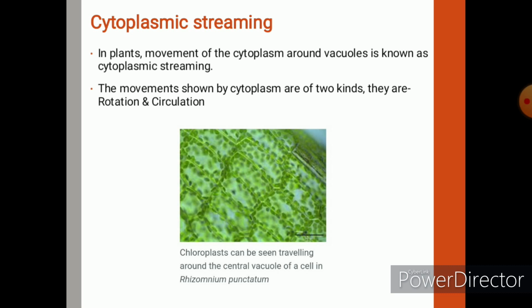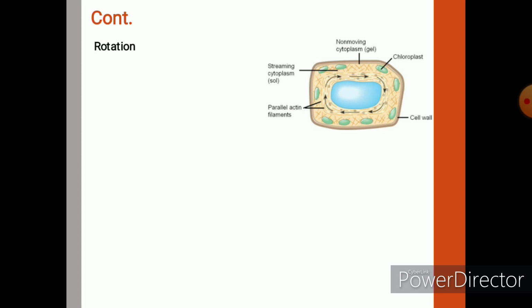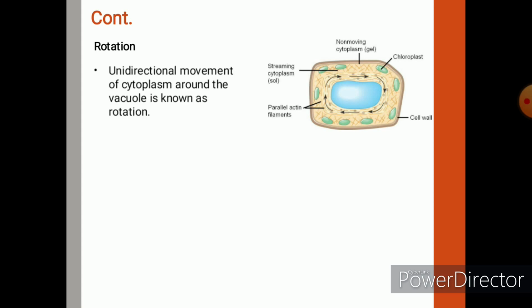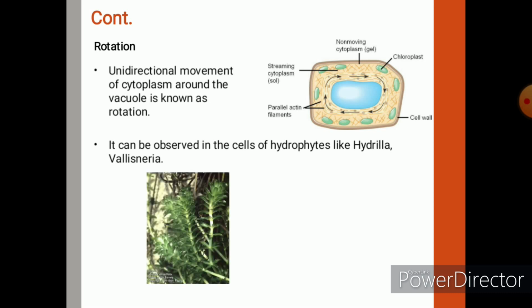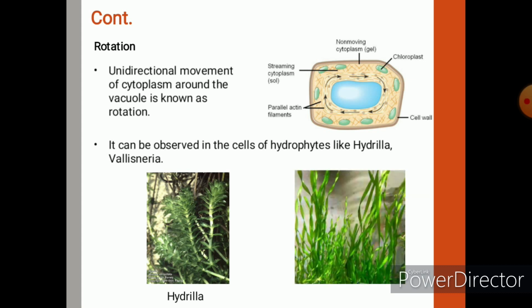It is not stationary. Let us see what is rotation. It is the unidirectional movement of cytoplasm around the vacuole. Either it is clockwise or anti-clockwise direction. This movement we can observe in the cells of hydrophytes like Hydrilla and Vallisneria.